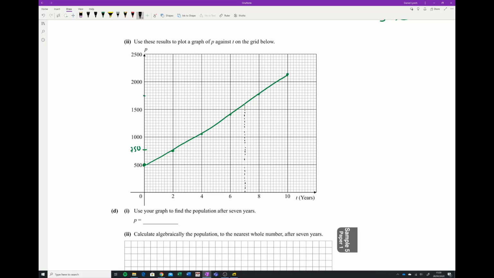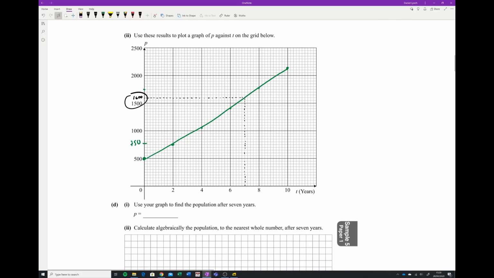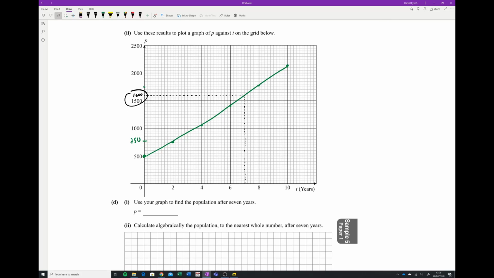You should be reading up. It hits the graph there as far as I can see on my thing, and you should be reading across. Again, use a ruler and a pencil just to show the examiner that that is what you've done. So that comes out to me as 1600. P is equal to, I'm getting 1600.